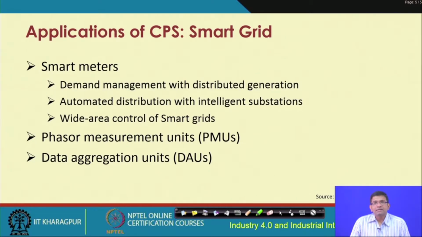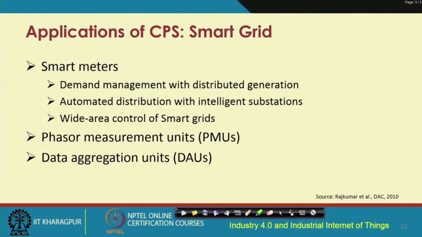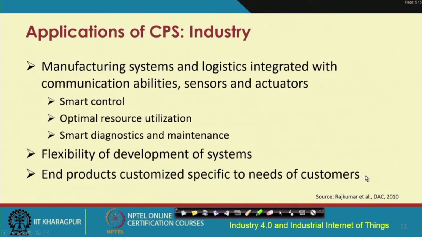Smart meters are one, but there are other examples also, like PMUs, phasor measurement units, data acquisition units, and so on. All of these are examples of cyber physical systems in the energy sector for the smart grid.